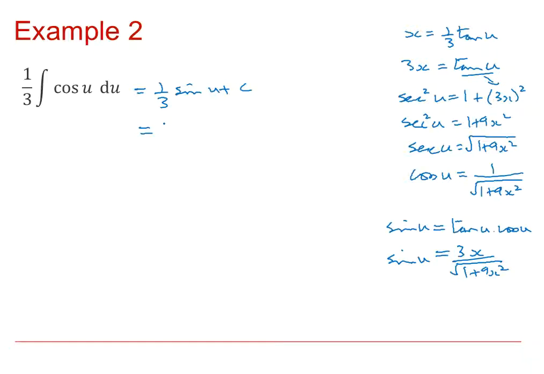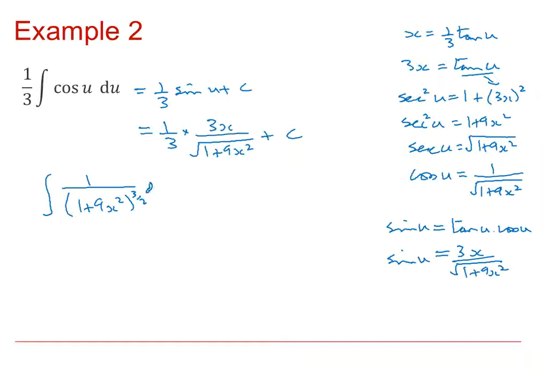So the answer becomes a third of sine u, which is 3x over the square root of 1 plus 9x squared, plus c. Which means the original integral that we had, which integrate 1 over 1 plus 9x squared to the power 3 over 2 dx, can now be written as x over the square root of 1 plus 9x squared plus c.